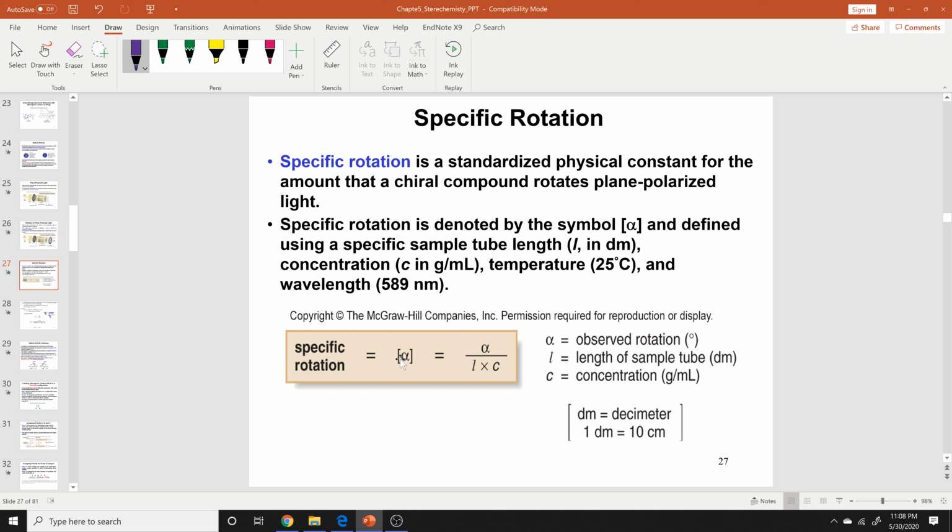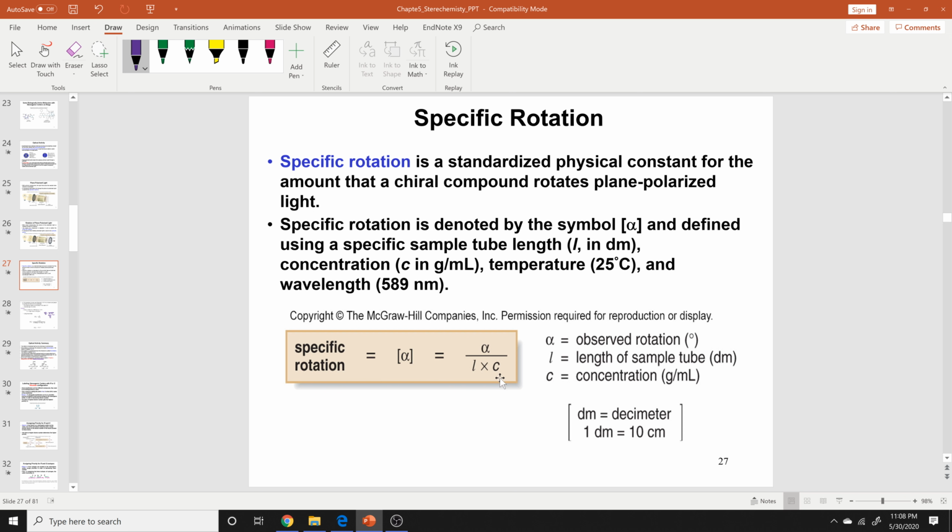There is a relationship between the observed rotation and the specific rotation, which is a standardized physical constant for the amount that a chiral compound rotates the plane of polarized light. It depends on the length of the sample tube, which is normally always in decimeters, and also on the concentration of your sample.